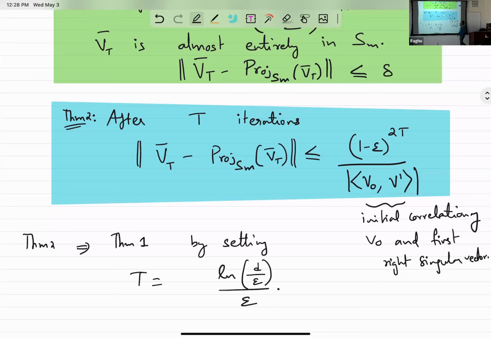If you set it to be this ln of something, then everything works out. It will multiply here, and the epsilon will go out. You'll get epsilon.